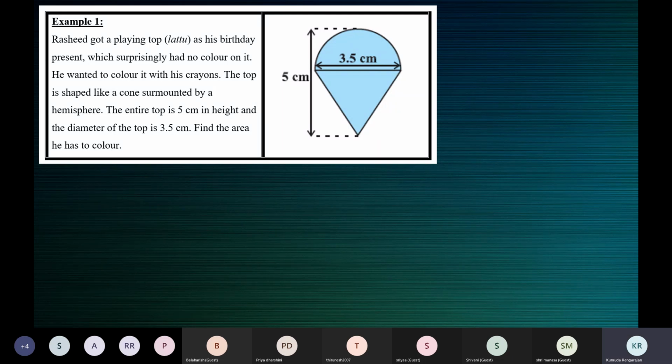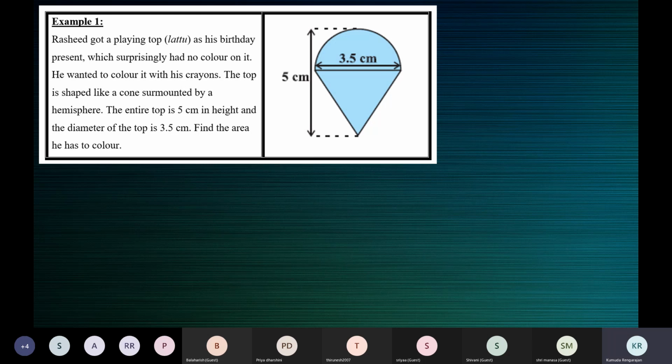Okay. Rashid got a playing top as his birthday present, which surprisingly had no color on it. So tops are mostly wooden.